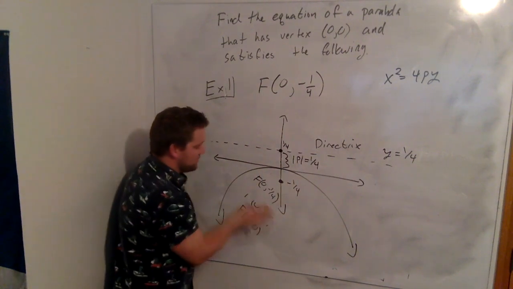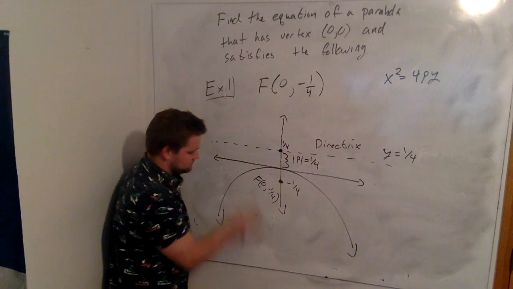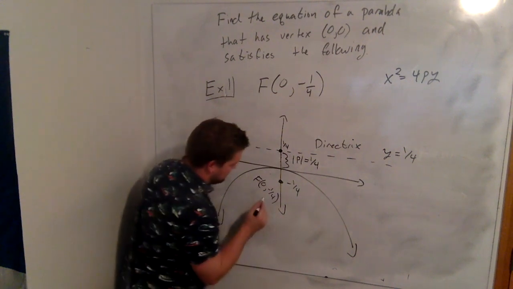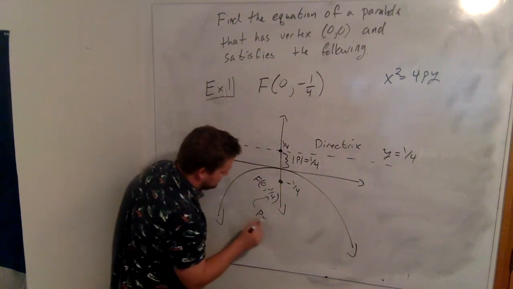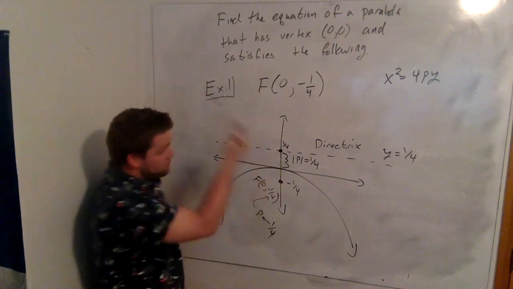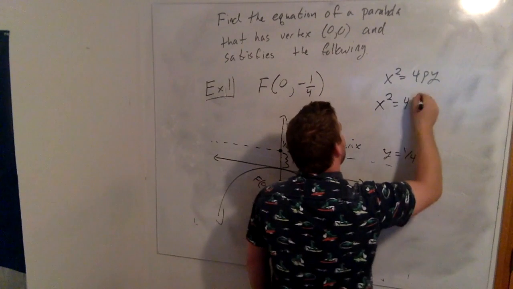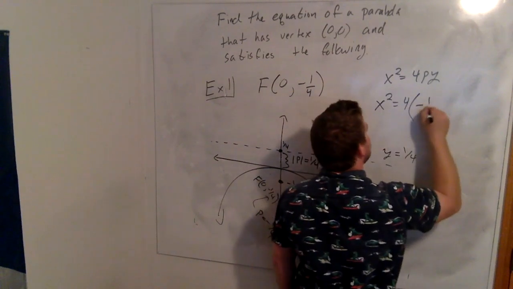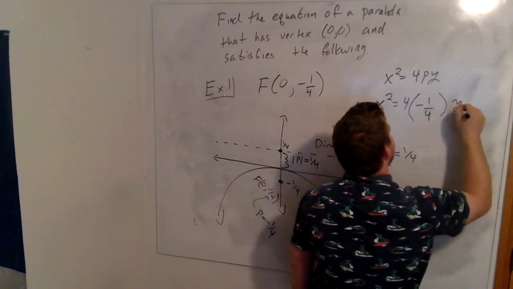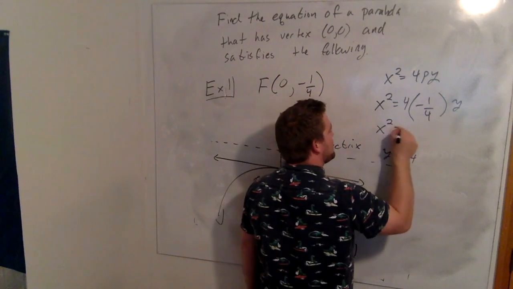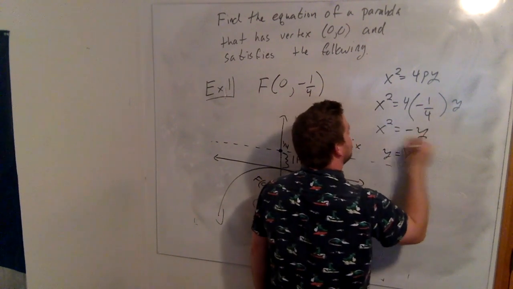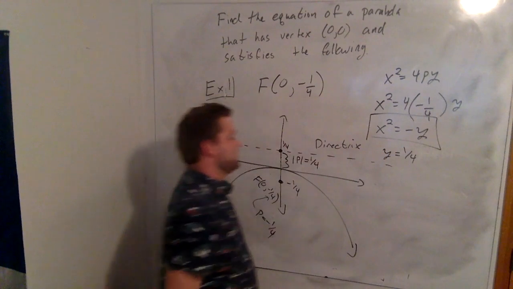So p, you can read it from right here, p is equal to -1/4. Putting all the pieces together, x squared will be equal to 4 times -1/4 times y, so x squared is going to be equal to -y. Here is the equation of the parabola.